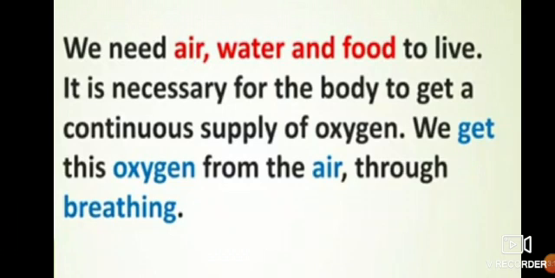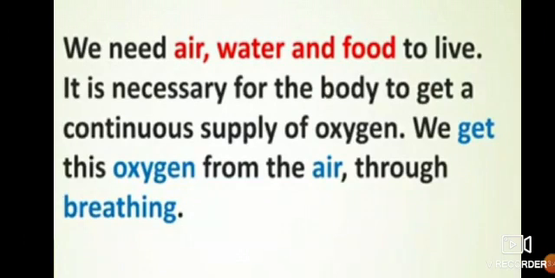So if we want to live, naturally we need air, that is oxygen, water, and food. And if we never get these three things, then naturally we will die. So it is necessary for our body to get a continuous supply of oxygen.